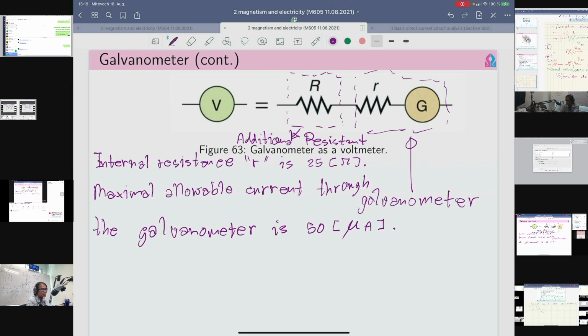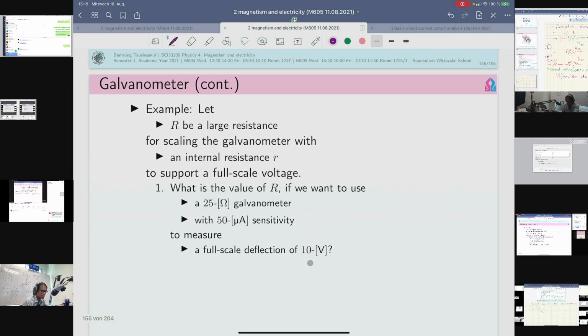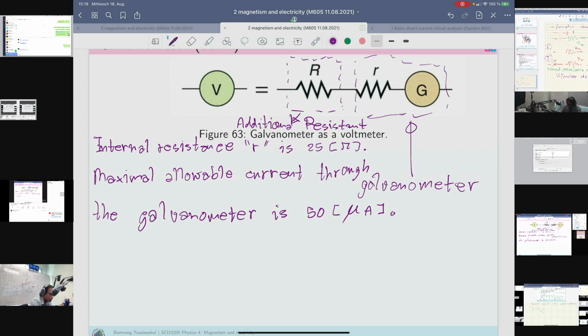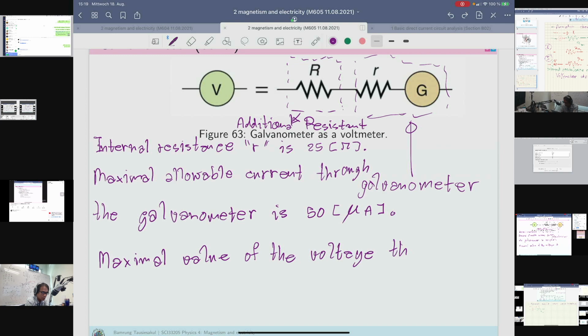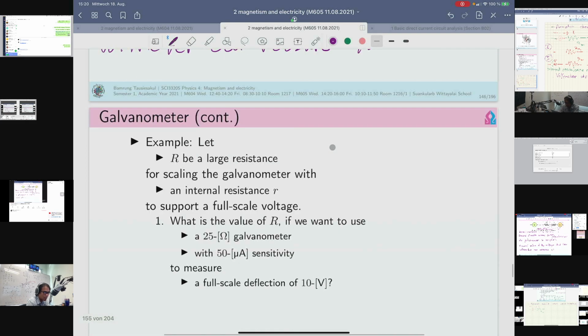And to measure a full scale deflection of 10 volts means the maximum value of the voltage that this voltmeter can measure is 10 volt.